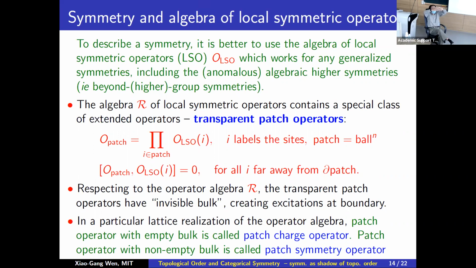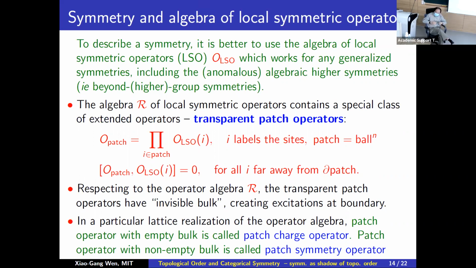But when you have a transparent patch operator, this local operator becomes the boundary of something. And this boundary is not a product of local operators. But still the bulk is invisible, and the boundary is somehow connected by this invisible bulk. So this kind of thing exists.